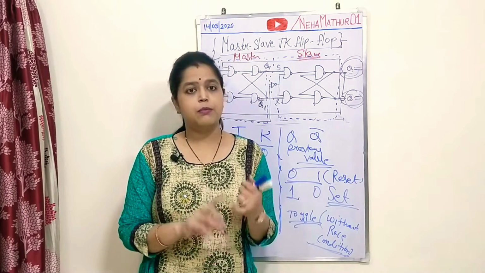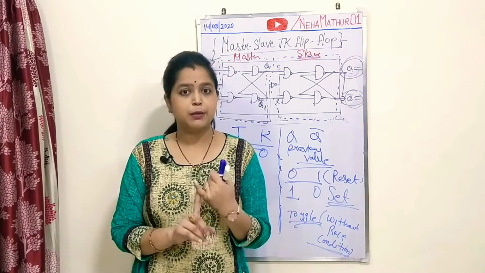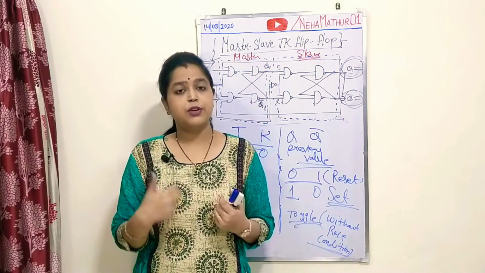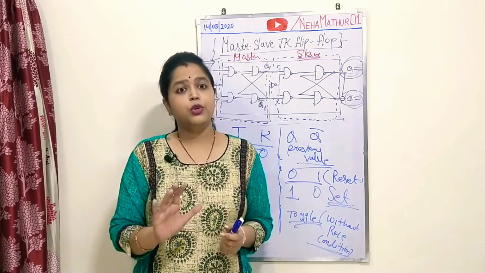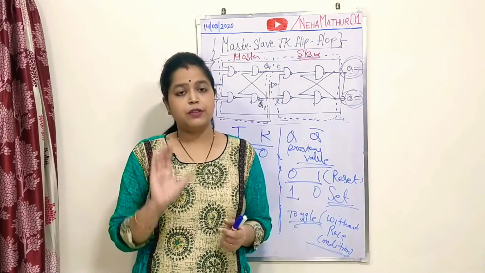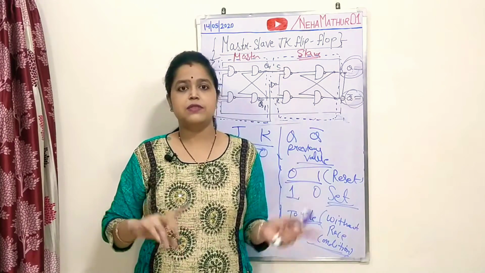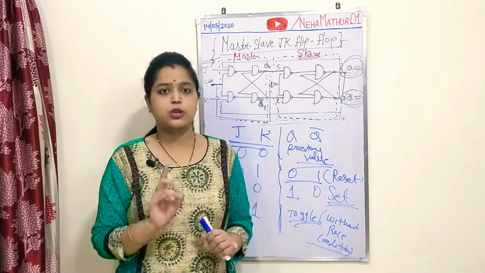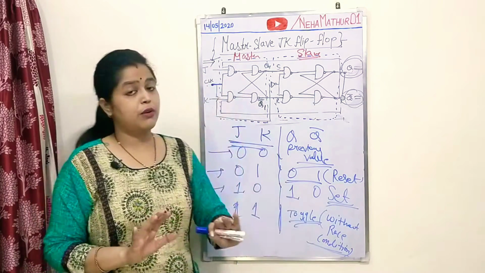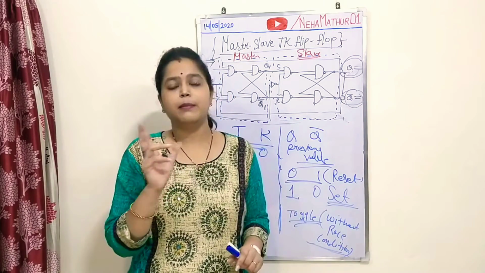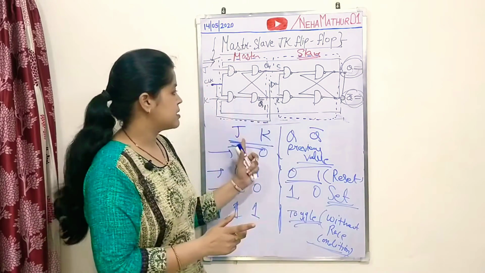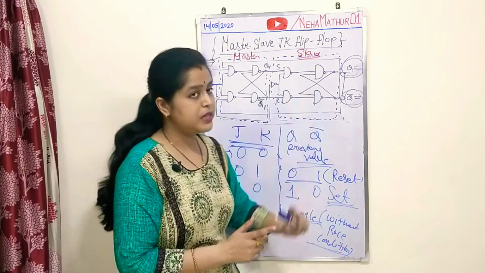But the JK flip flop, while removing the uncertainty problem, introduced a new problem, that is the race around condition. So if you want a perfect flip flop without the race around problem as well as without the uncertainty problem, the single solution is the master slave flip flop, which is a combination of clocked JK and clocked SR connected back to back. JK is said to be master and SR is said to be slave.